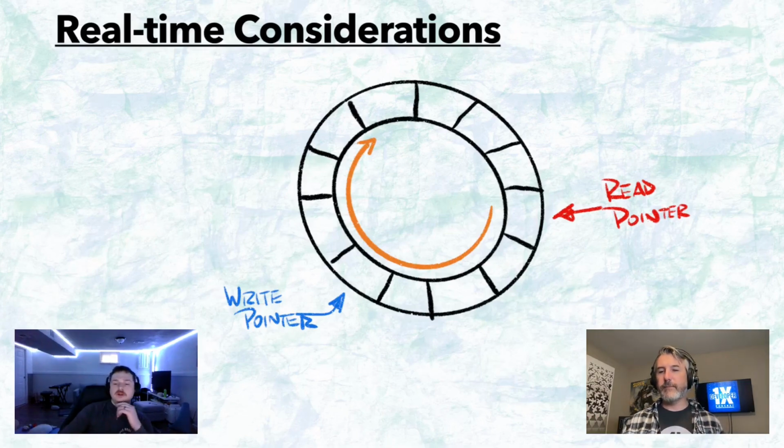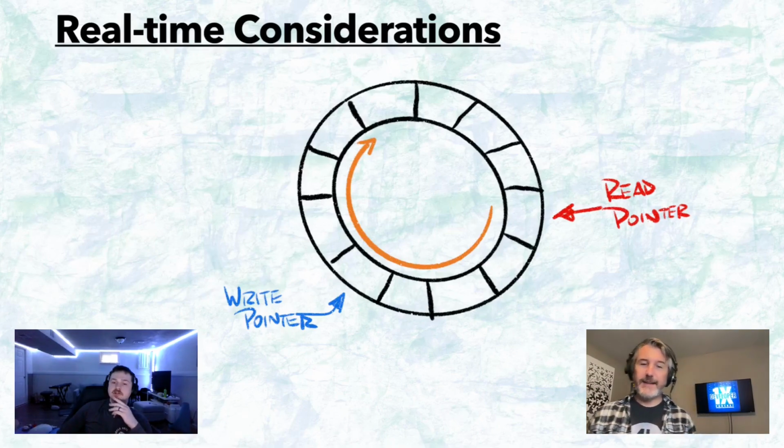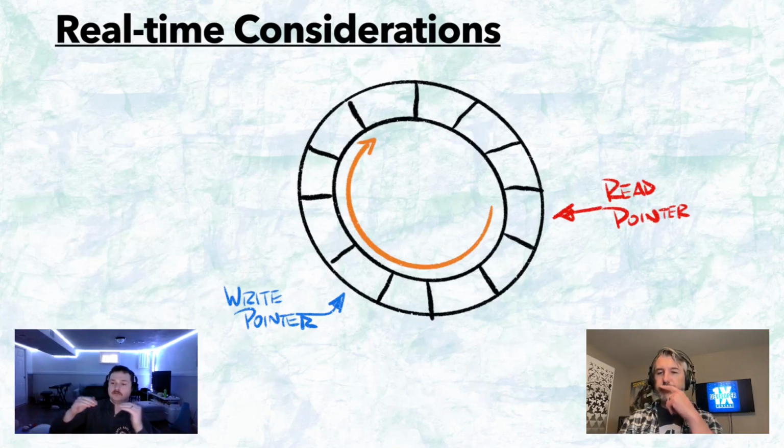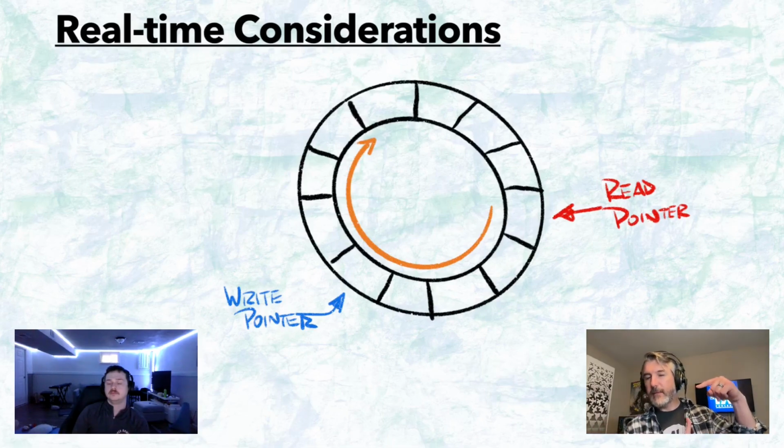Well, so you don't want your read pointer to surpass your write pointer, but you also don't want your write pointer to surpass your read pointer. Well, yeah, that's a different kind of problem. Right. So I guess you want them to be as far apart as possible, probably. I don't know about as far apart as possible. It's just that you can't read data that hasn't been written, right?